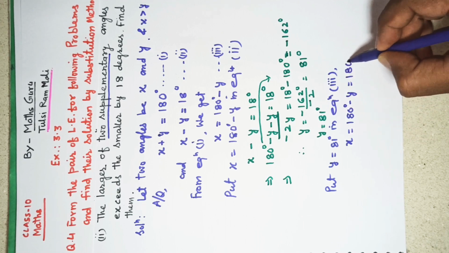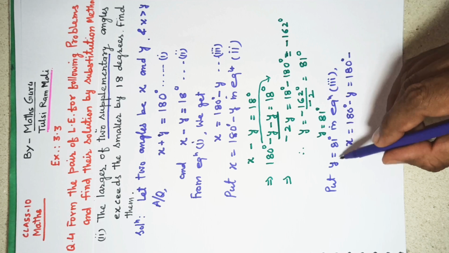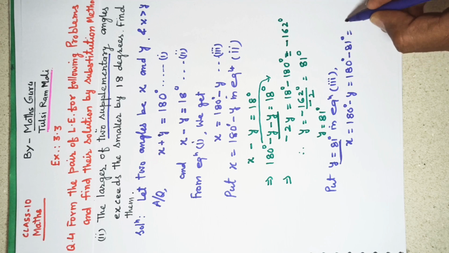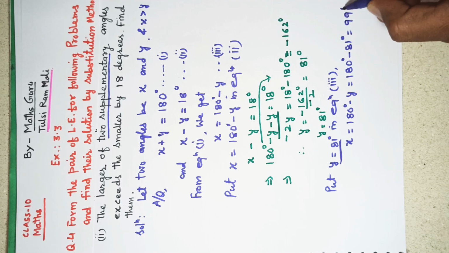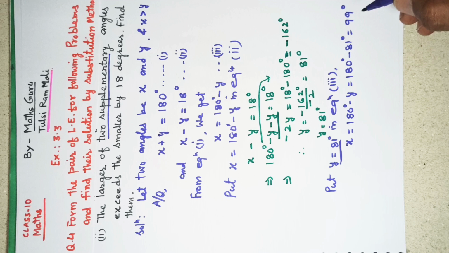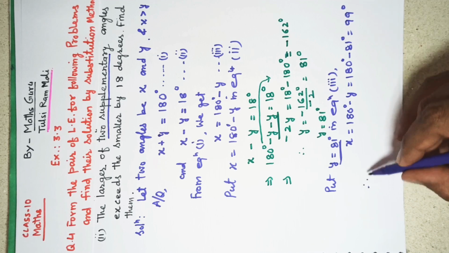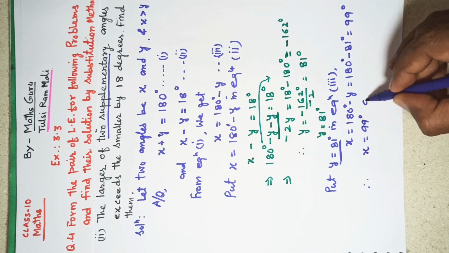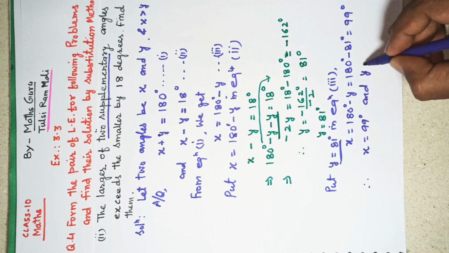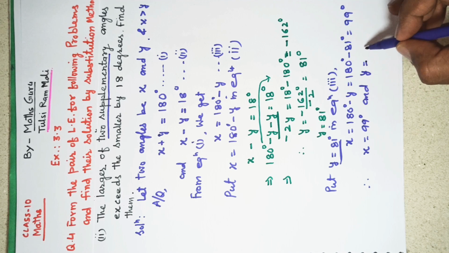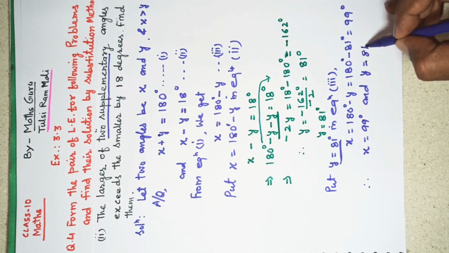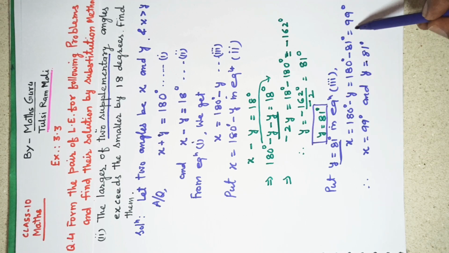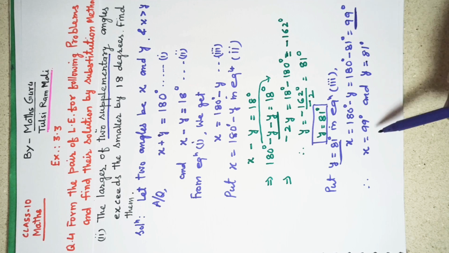Then put values: 180 degrees minus 81 degrees. So result is 99 degrees. Clear? Therefore result is x is equal to 99 degrees and y is equal to 81 degrees.